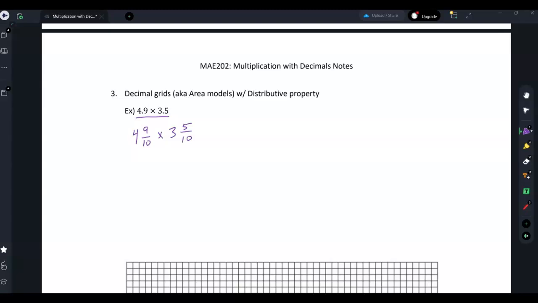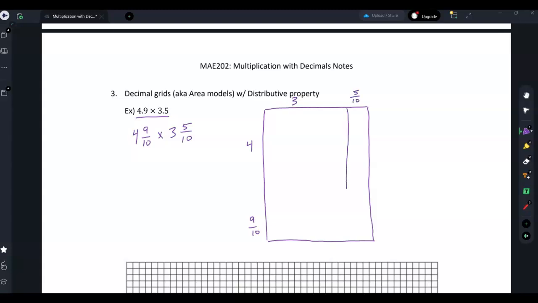And what we would have done before when we did this area model with fractions is we draw our rectangle, and it doesn't really matter which side is which, just make the bigger number the longer side, right? So in this case, my longer side would be 4 and 9/10. And what we did is we split that up, right? We split up the 4 from the 9/10, and then the other side would be the 3 and the 5/10.